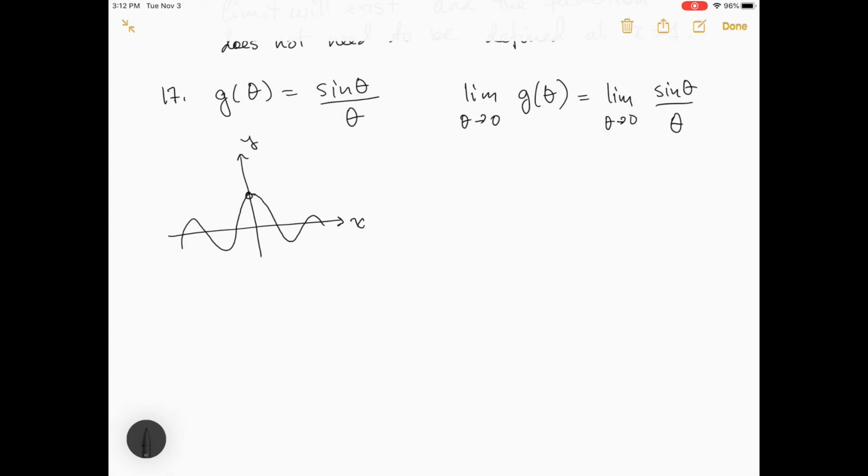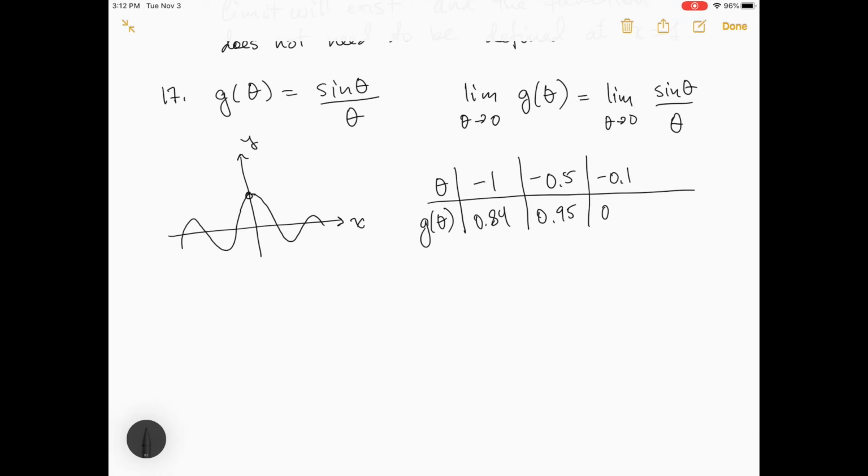So if we look at the values of the function numerically, I'll have theta on top and g of theta on bottom. So when theta is -1, g of theta is equal to 0.84. At -0.5, g of theta is equal to 0.95. And at value -0.1, the function is equal to 0.99.